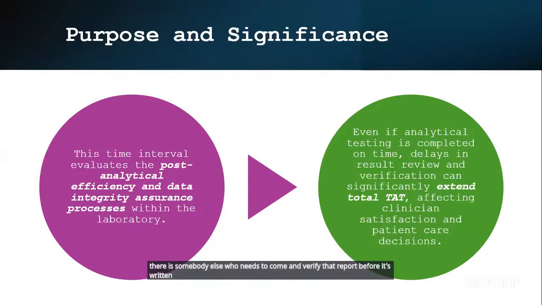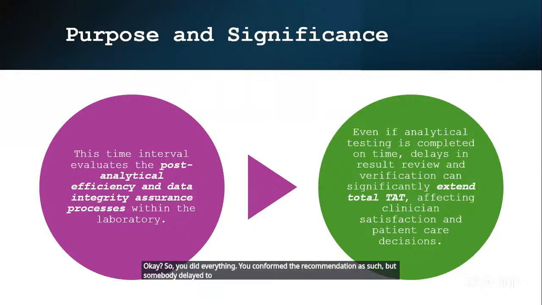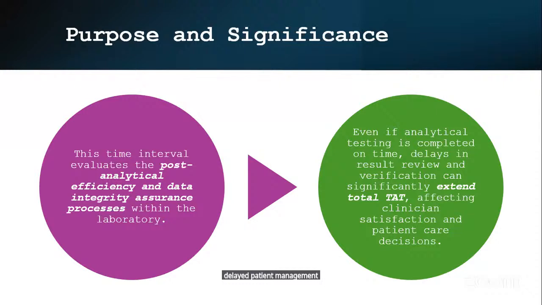But this person actually delays, okay? So you did everything. You conformed to recommendation as such, but somebody delayed to verify that result. So it actually translates to delayed patient management, okay? So that is something that we need to look at.